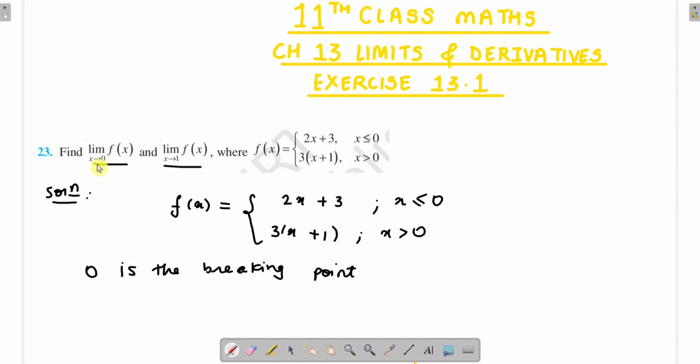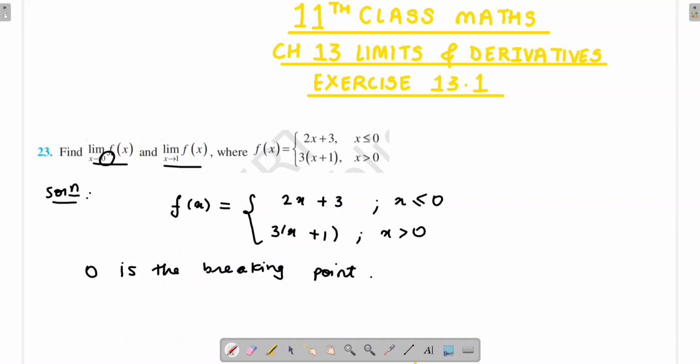And you have to find the limit x tends to 0 of f(x). So you can see that you have to find the limit as x tends to the breaking point. Whenever we have to find the limit as x tends to the breaking point, we have to find the left hand limit and the right hand limit. If they are equal, then the limit exists, and if they are not equal, then the limit doesn't exist.